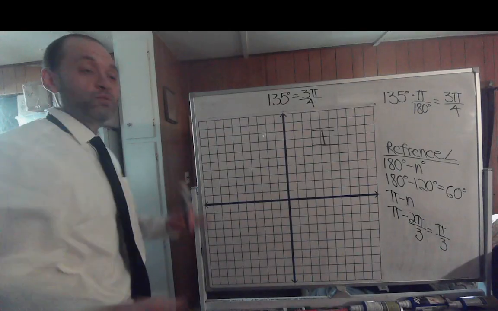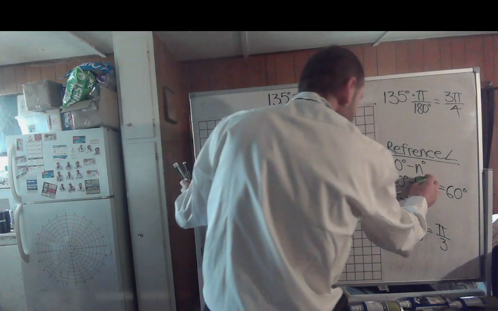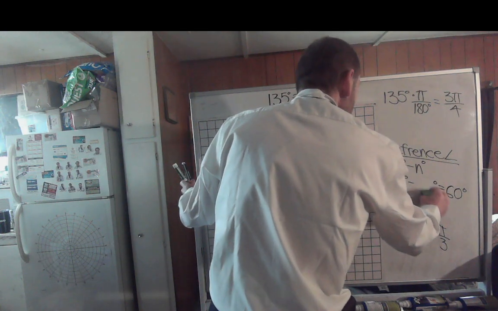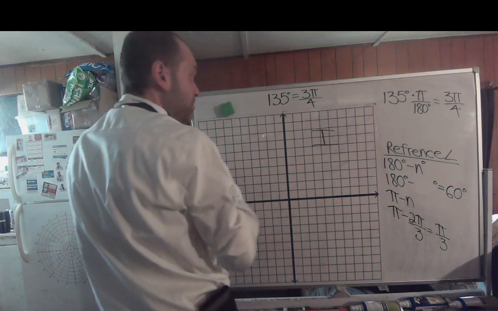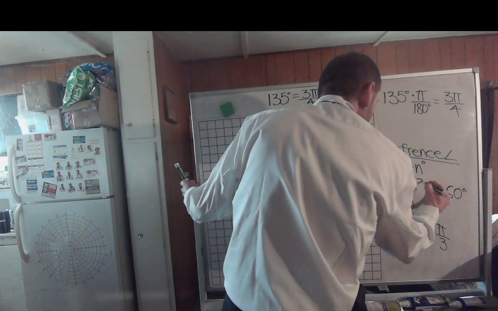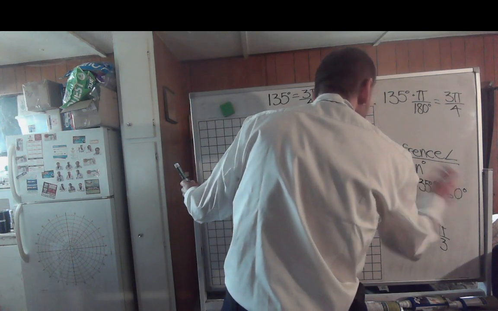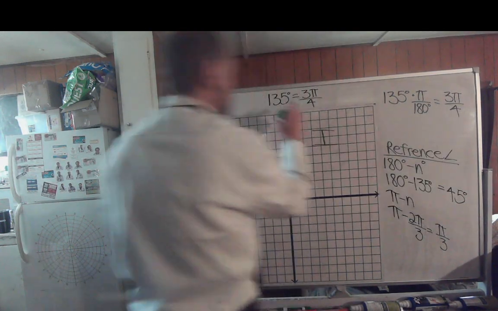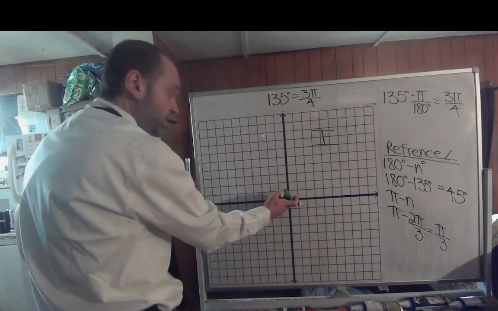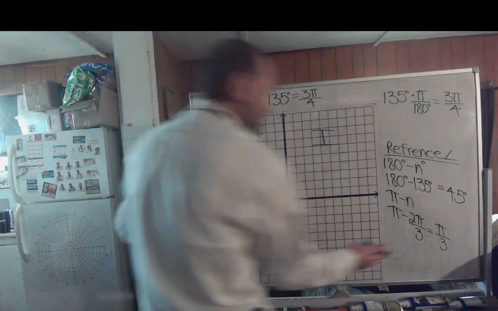In this case, what's your reference angle? You're going to end up having 180 minus 135, which in actuality is going to give you a reference angle of 45 degrees. So 135 degrees is exactly a 45-degree angle in the second quadrant.